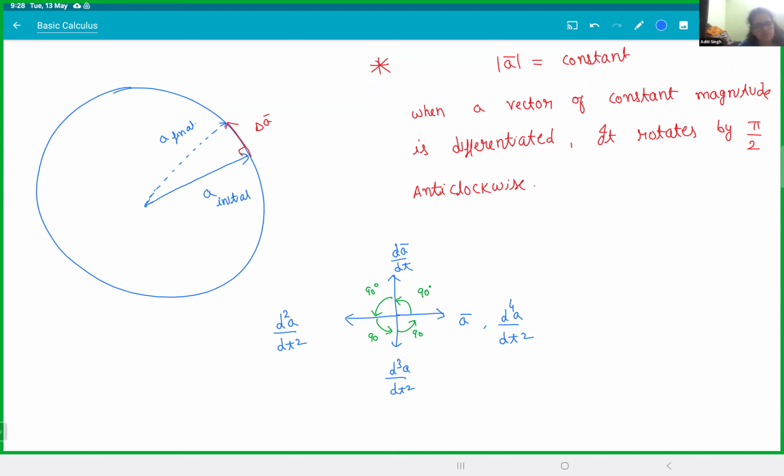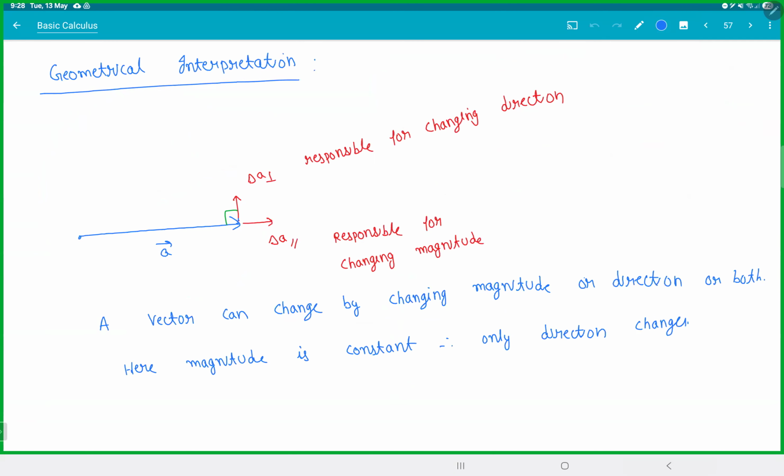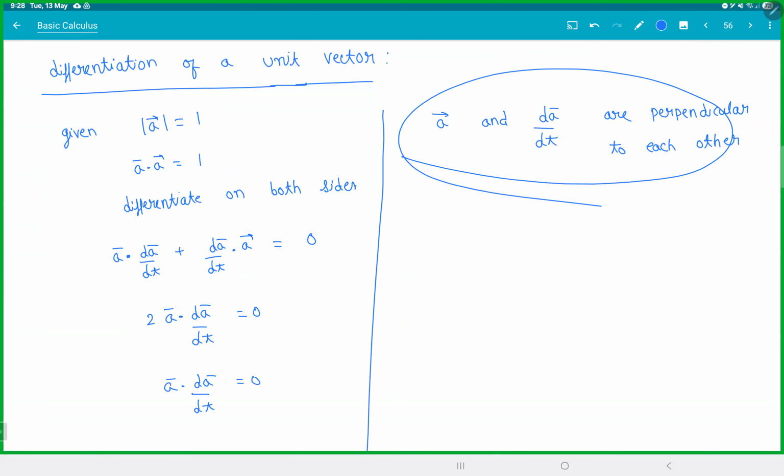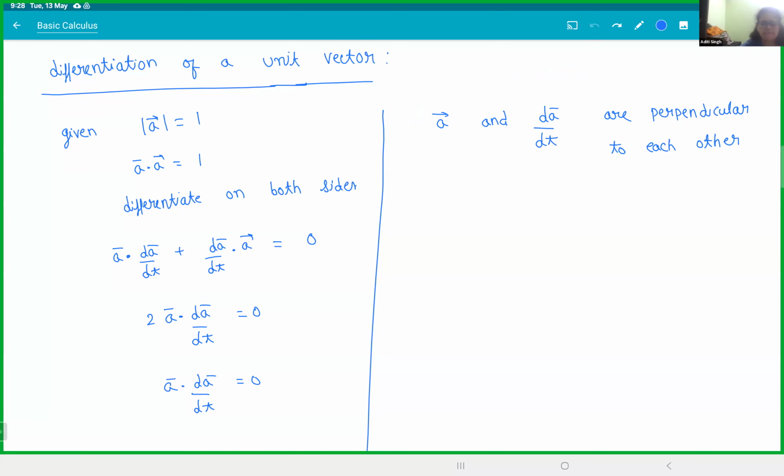But sir, after differentiation, why is it rotating by 90 degrees only? Yeah, we proved it. If you differentiate a vector, it is always perpendicular. I think I got what you're trying to ask.